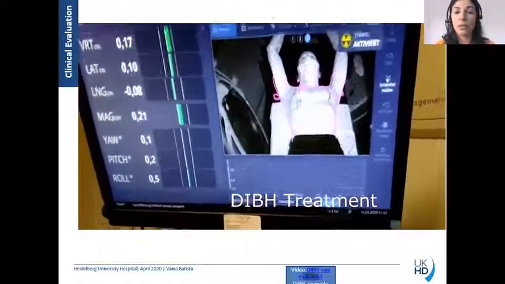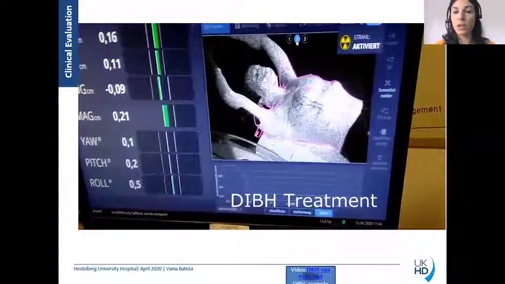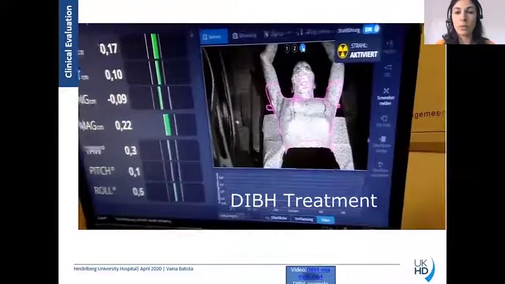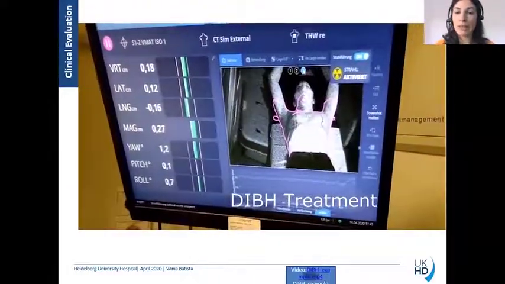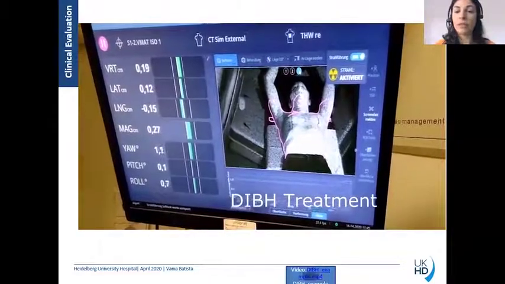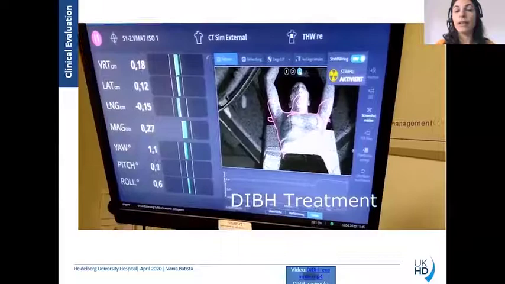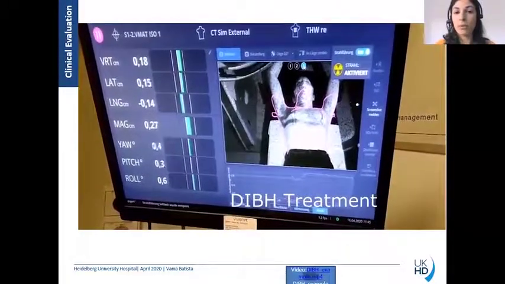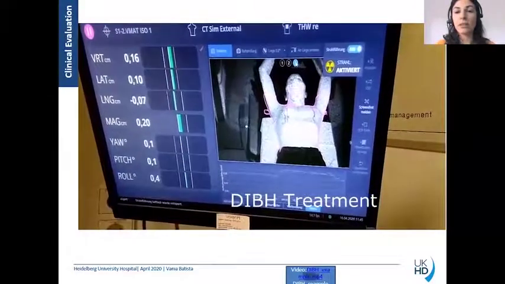During the treatment, the beam is held. When the patient is outside tolerance, you can change between the different views to see if everything is correct with the patient. Normally, we tell the patient that when he is not able to continue holding the breath, he can decide and breathe normally. That will be the case in a few seconds.